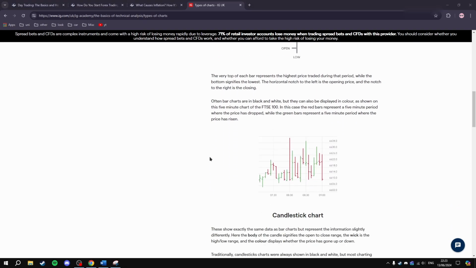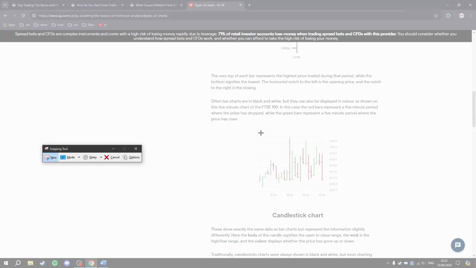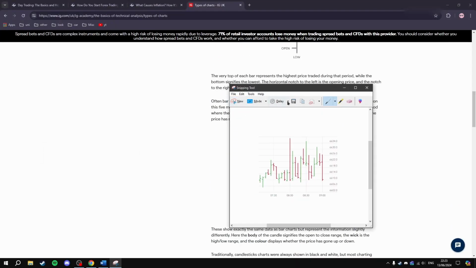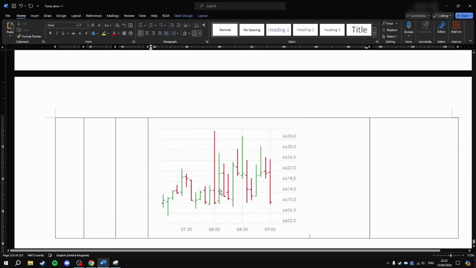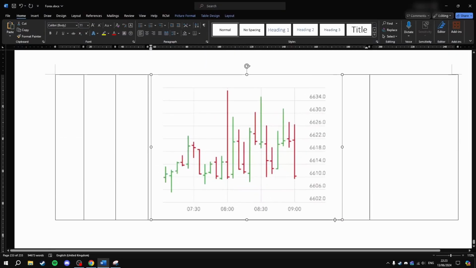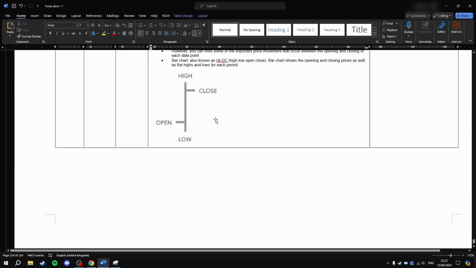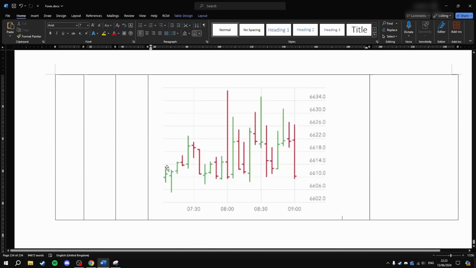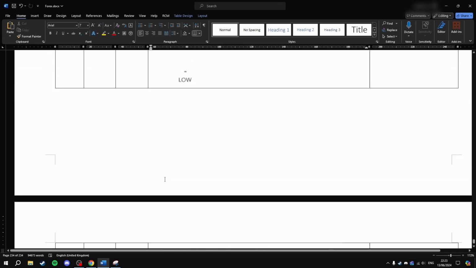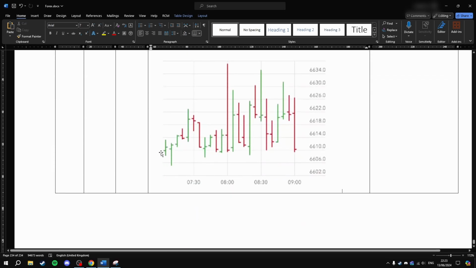Let's open this up to get a bigger picture. Green: top is the high, bottom is the low, open is to the left, close is to the right. So it's closed higher than it opened, which means the price has gone up.